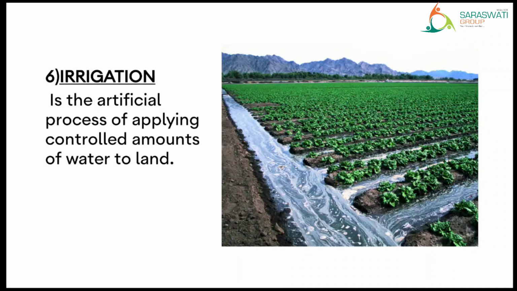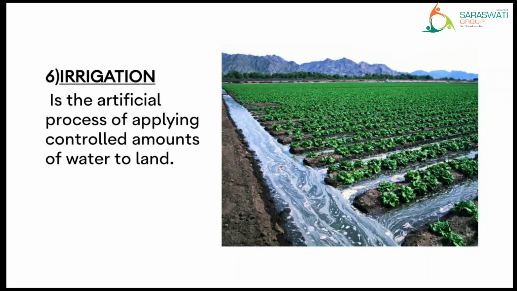So in the parts where there is less water, where the plants do not get enough rainwater as well, what does the farmer do? He depends on an artificial process of watering his field. This process is called irrigation, in which the fields are watered by some artificial means.